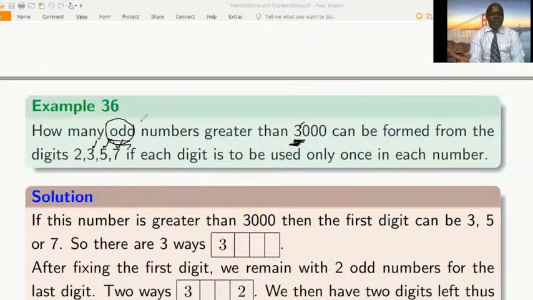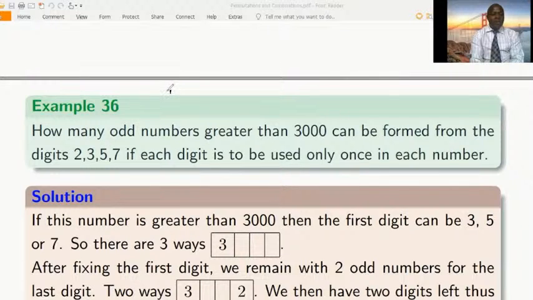So let me now start fixing my numbers. We begin by fixing the first digit. The first digit can be either 3 or 5 or 7. So how many chances do you have for the first digit?